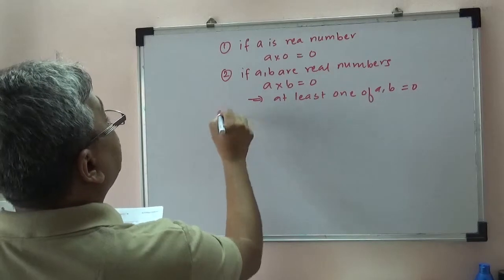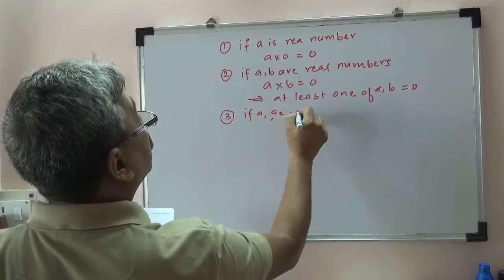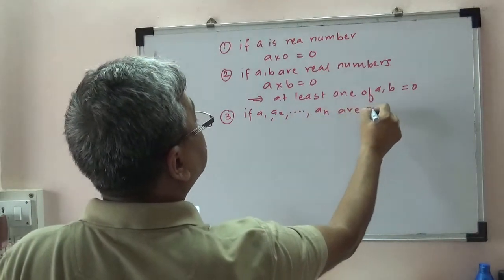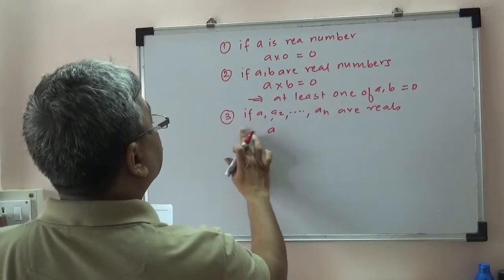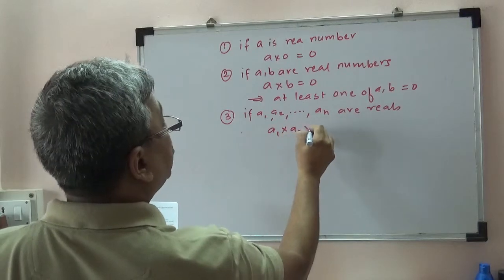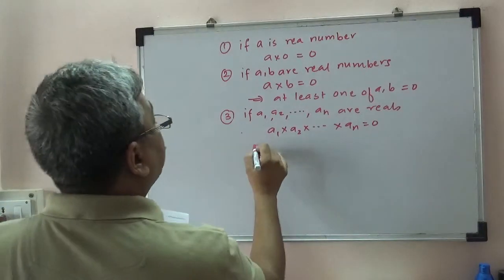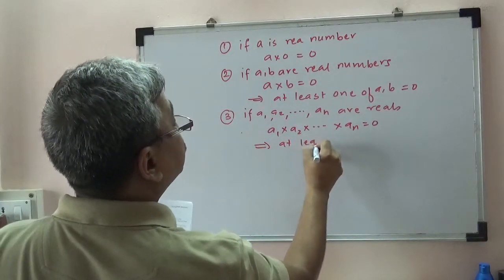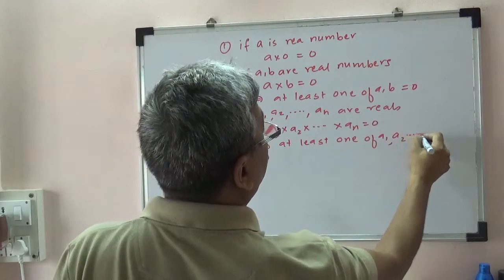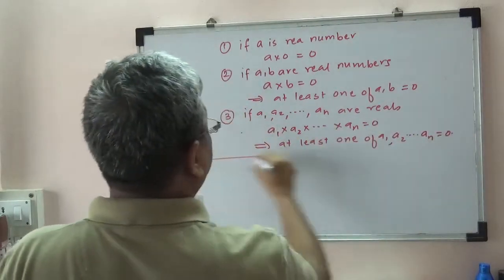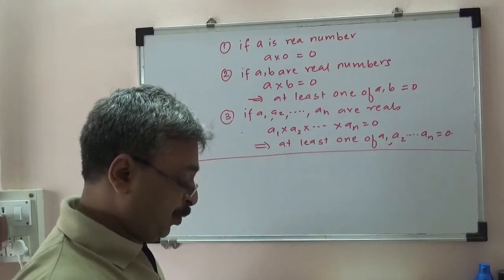And if we extend this property, if a1, a2, ..., an are reals and a1 into a2 into ... into an is equal to 0, then at least one of a1, a2, ..., an is equal to 0. These are the basic three properties that we will assume to be true, and which all of us are aware are true.